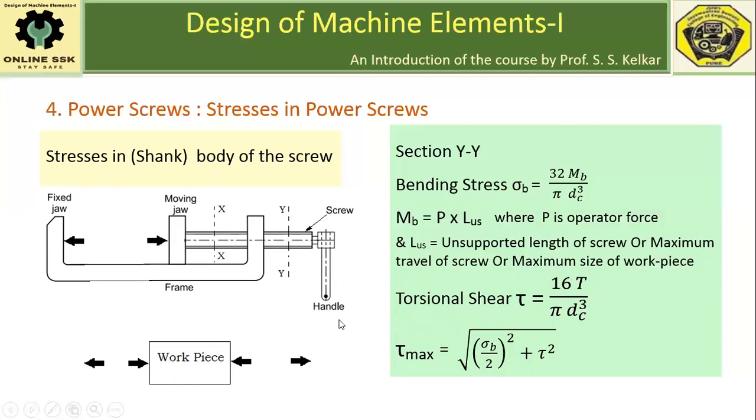Now, as the force is applied by the operator over this handle, over this bar, this applied force P is multiplied by the perpendicular distance from the nut, this much length.